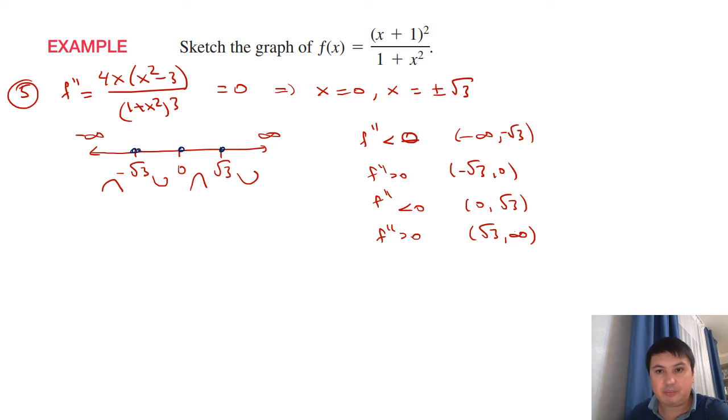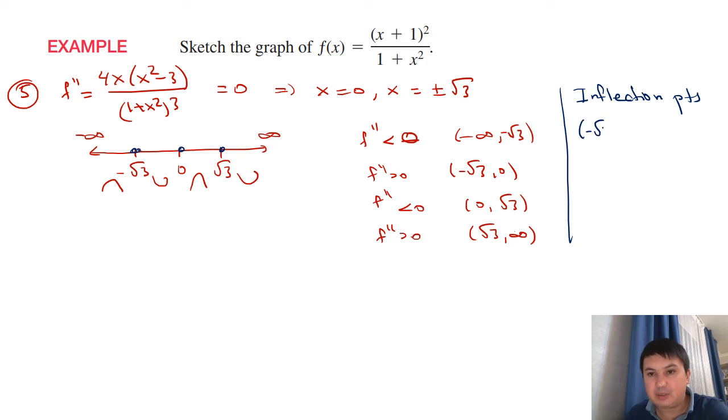So all three are inflection points. You need to plug in x equal to minus square root of 3 here.